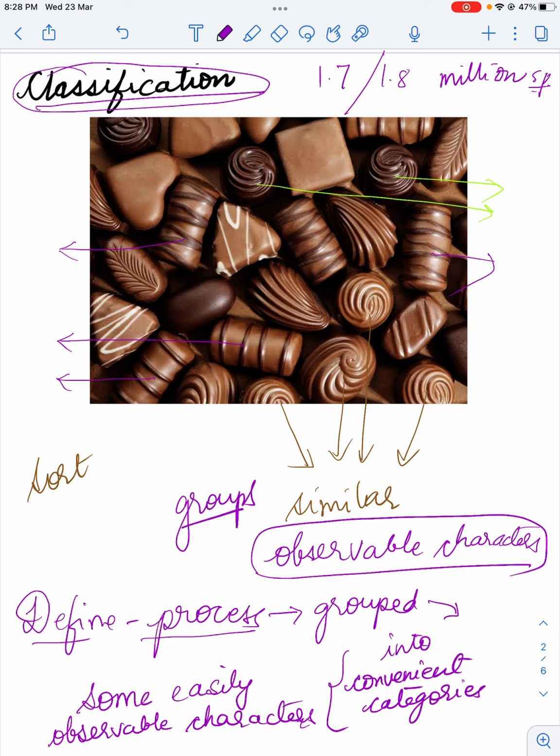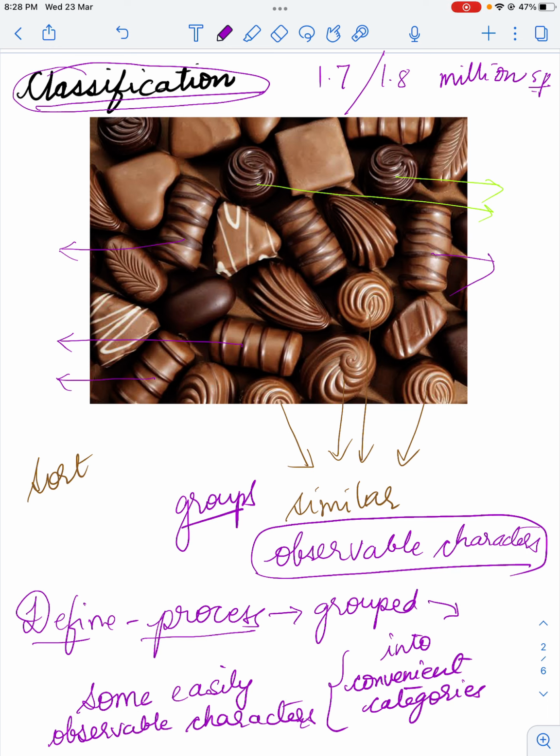I am so sorry, my apologies, I would like to repeat. Classification is the process by which anything is grouped into convenient categories based on some easily observable characteristics.